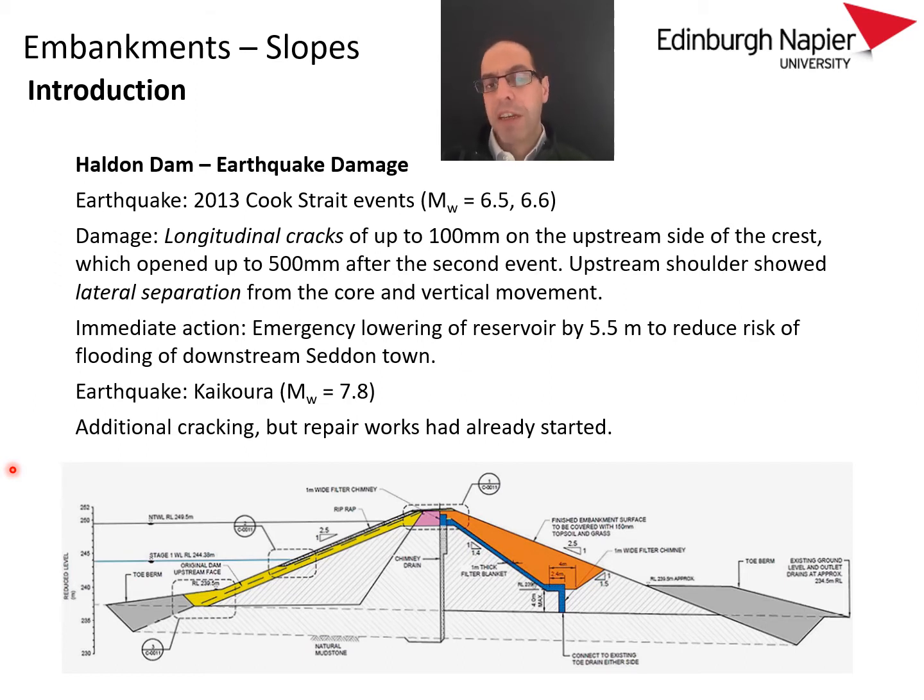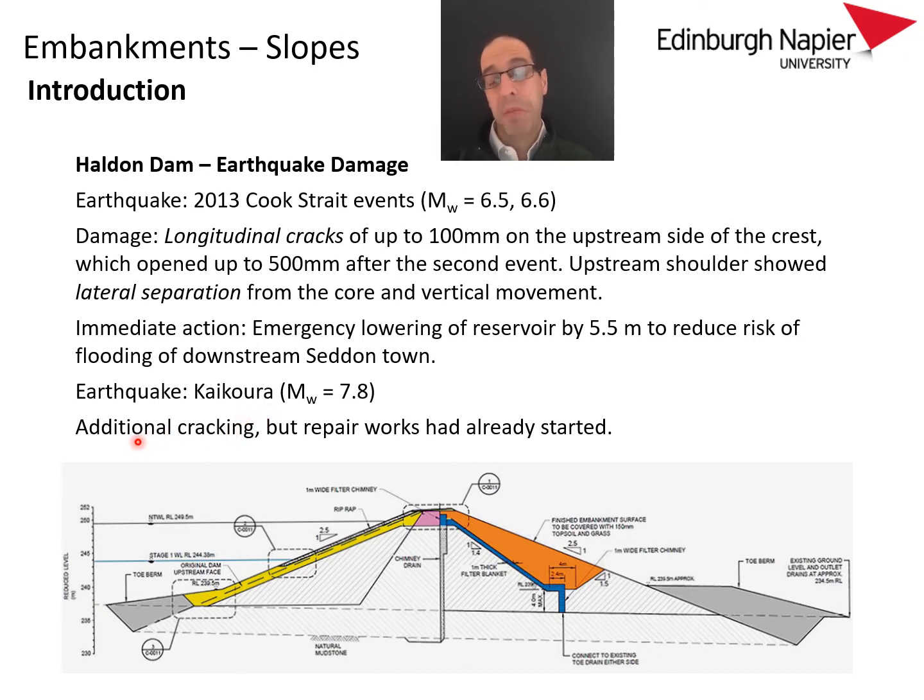But immediate action was taken, and the level of the reservoir was reduced by 5 meters to reduce the risk of flooding downstream in case it failed. And you will be pleased that that was done, because shortly after, in geological terms, while repair was underway, there was a much larger earthquake, the Kaikoura earthquake with magnitude 7.8.